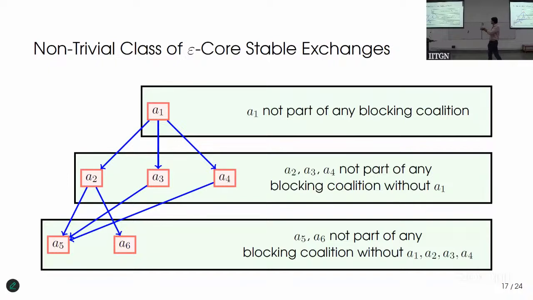Then just repeat this argument, taking agents in topological order. An agent taken at any point will be part of a blocking coalition only if its predecessors are part of a blocking coalition. If you continue this argument, we can show that there exist no blocking coalitions, so the given exchange is core stable.